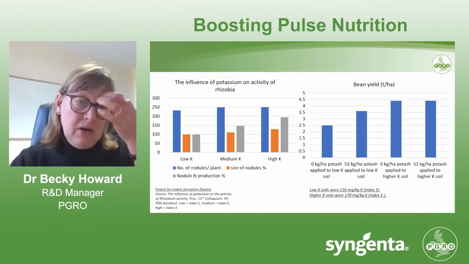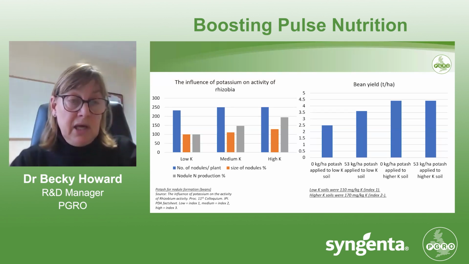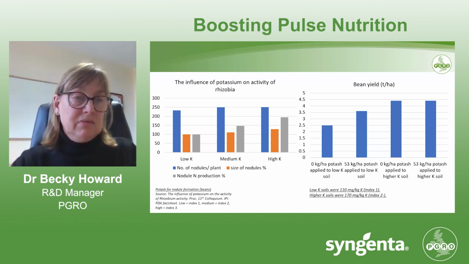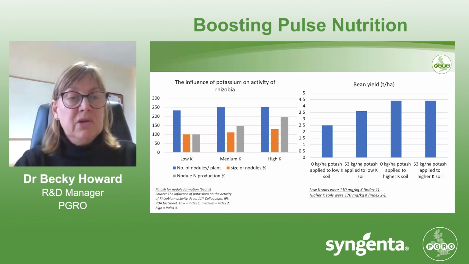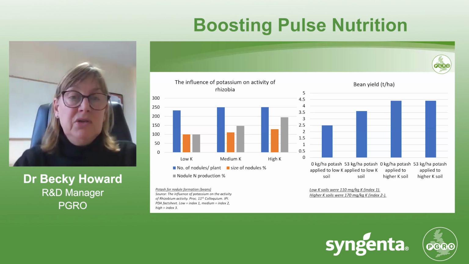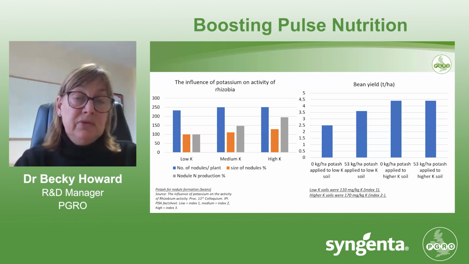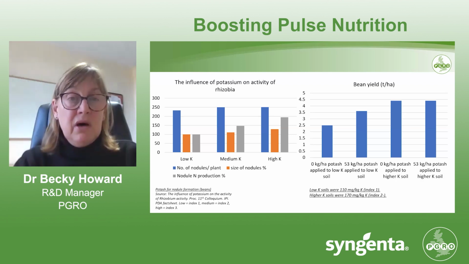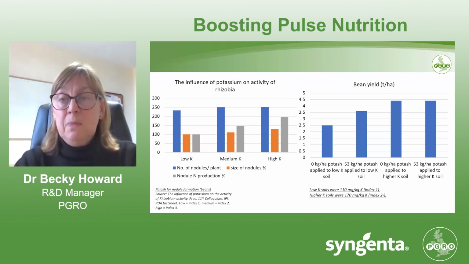We're using our low K soil as our control, if you like, at 100% of nodulation and nitrogen production, and then comparing the medium and high levels to that. So we can see we do get increases in nodulation, both in size and number of nodules, and production of nitrogen in the plant, the higher the level of potash in the soil.